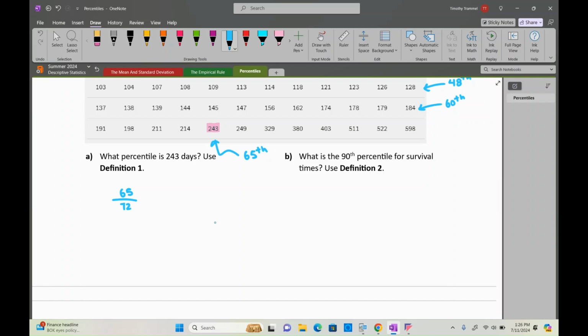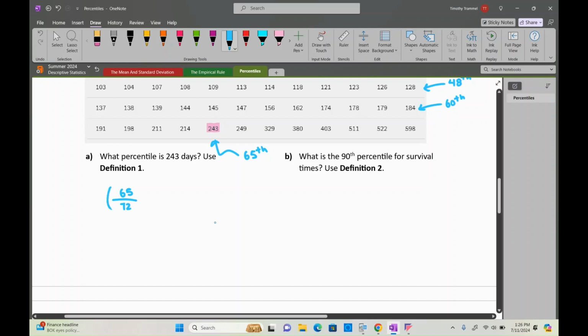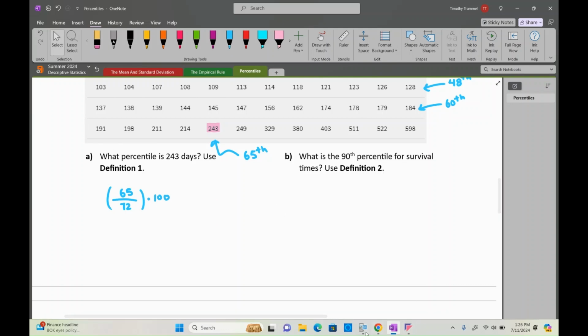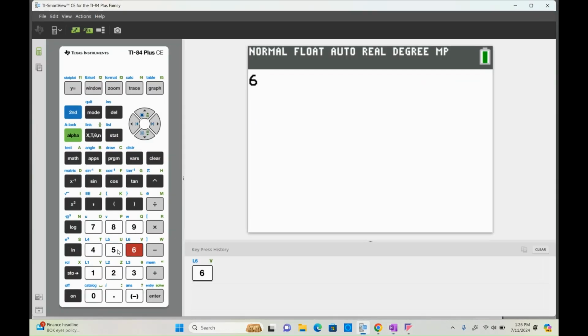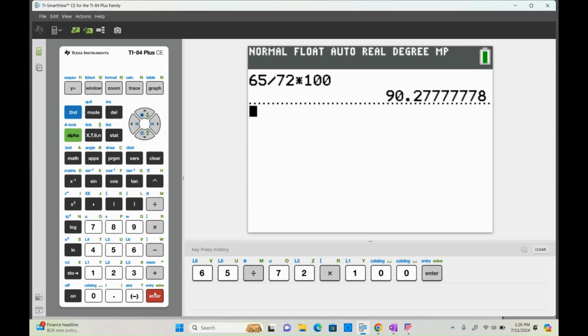To convert it to a percentage, all we have to do is multiply by 100. We'll do 65 over 72, and then multiply by 100. So we're getting about 90.3%.